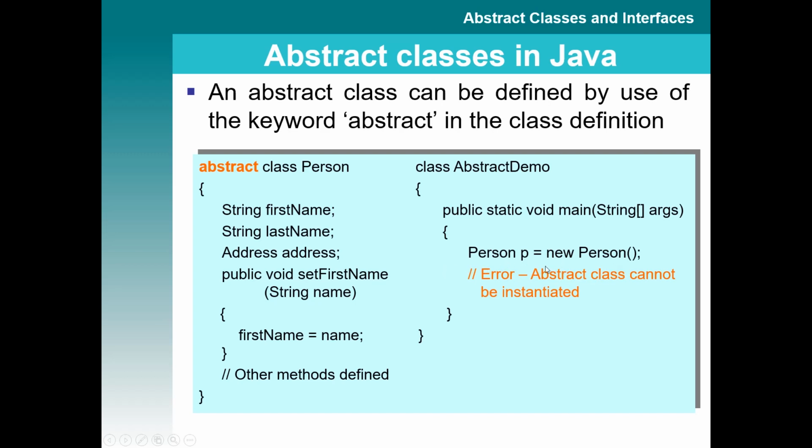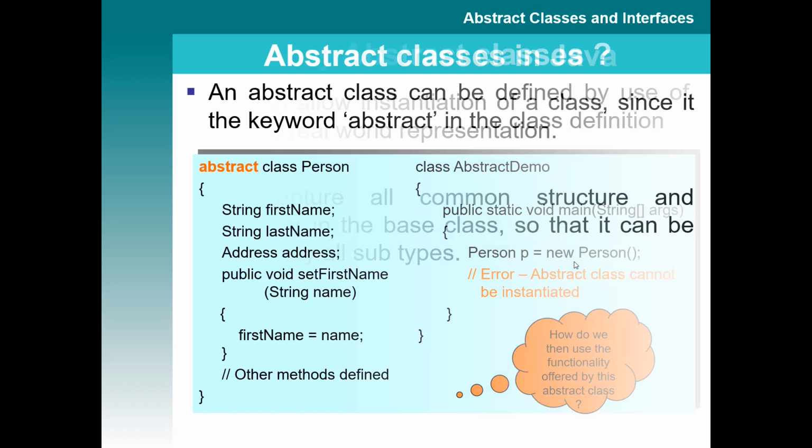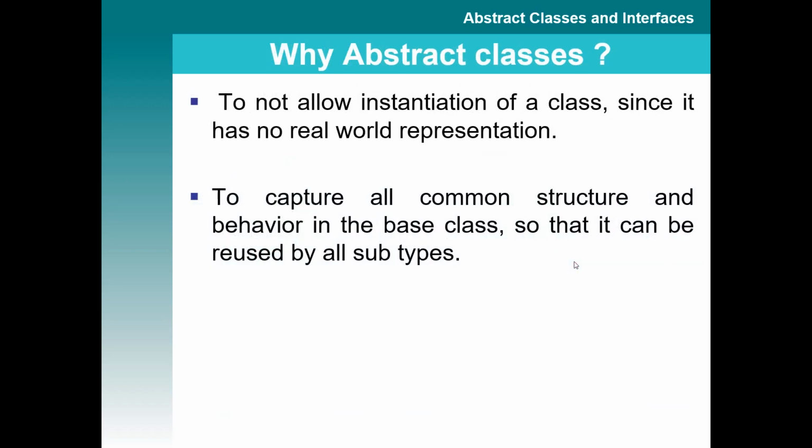Remember, the left hand side of the assignment operator creates a reference. It's the new operator that actually creates an object. So therefore, what's the point of this abstract class if we can't create an object out of it? In all other respects, that class looked like any other class.